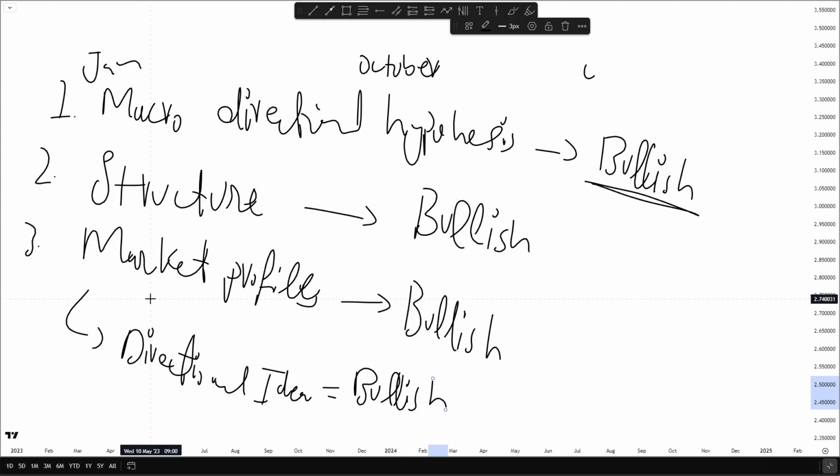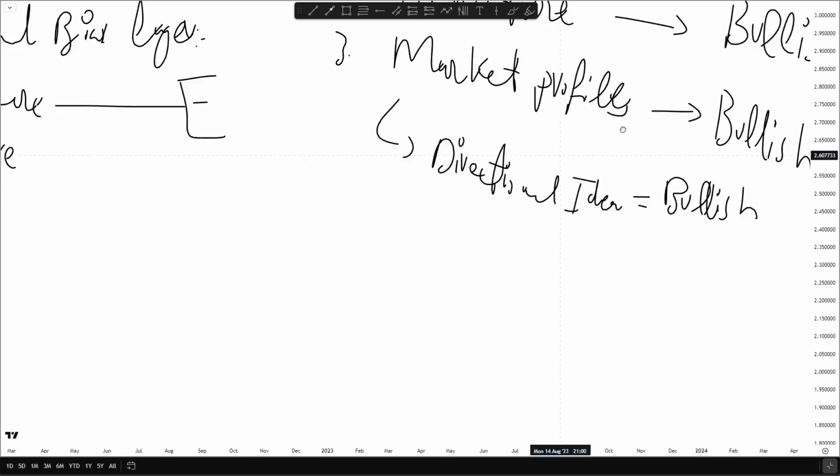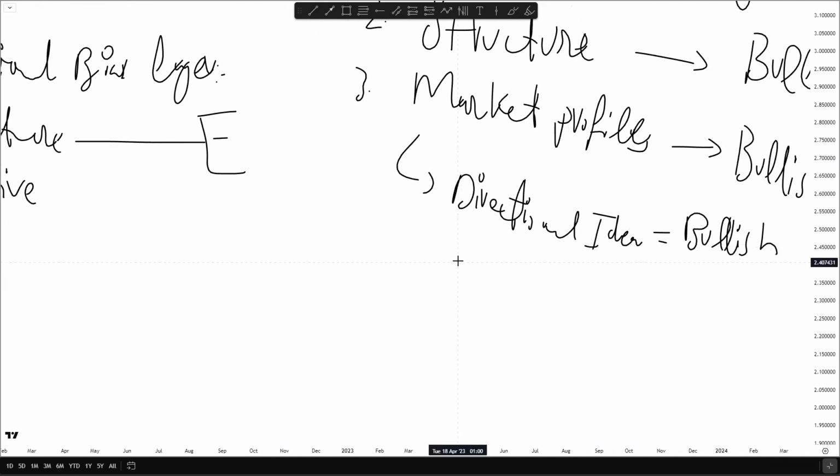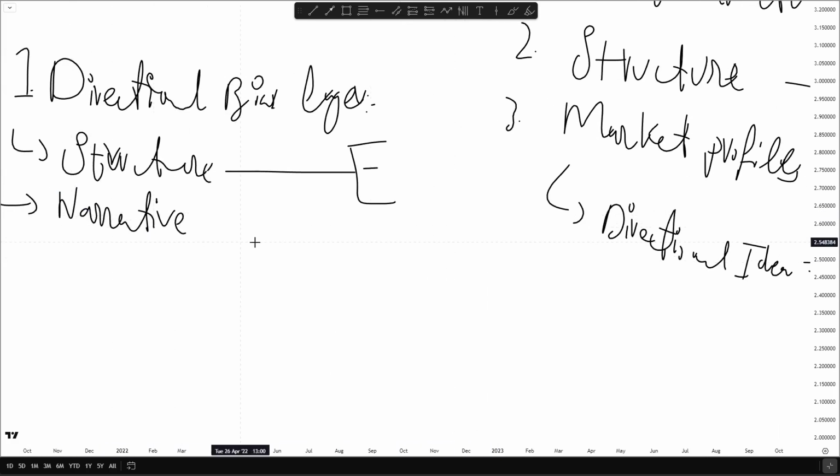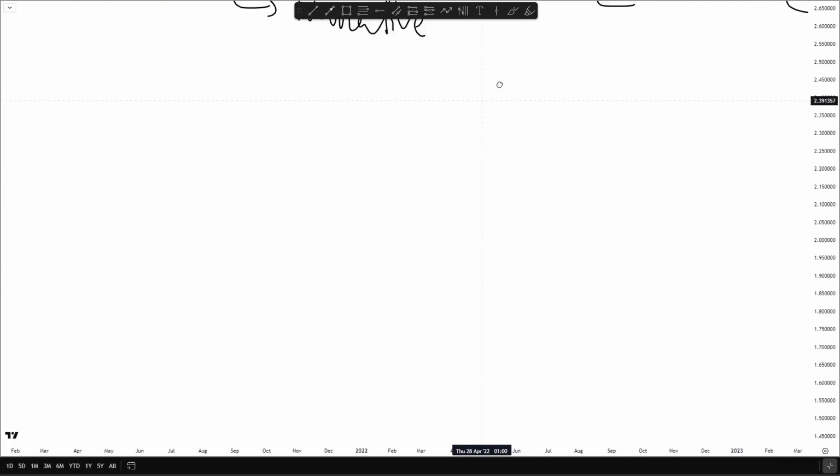Okay, but obviously, as you know, this directional idea alone isn't enough. Now we have to refine this directional idea and transform it into a directional bias. And we do that using two steps. First of all, defining the most recent and the most relevant dealing range.